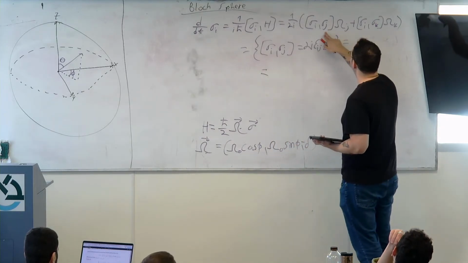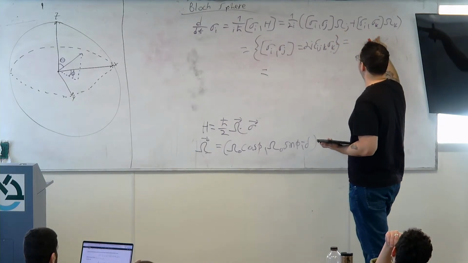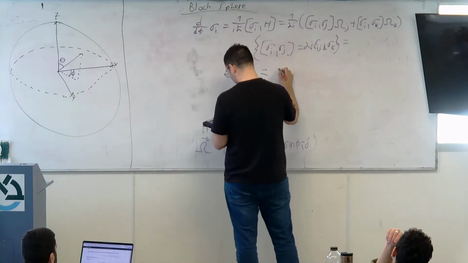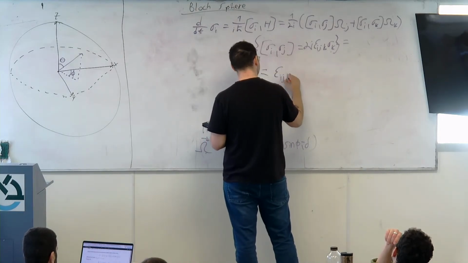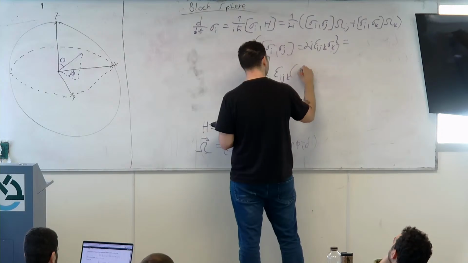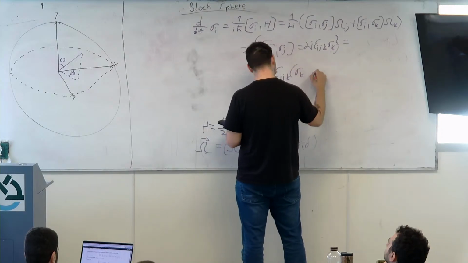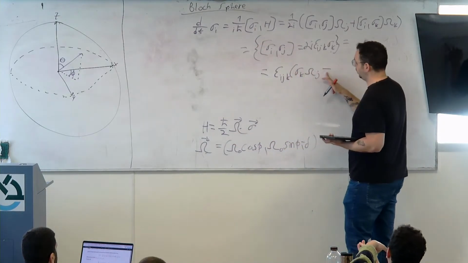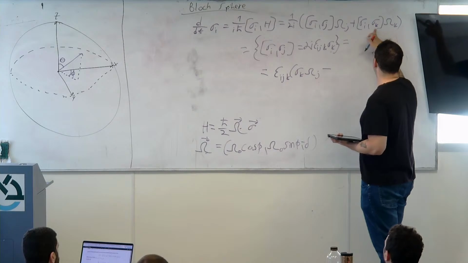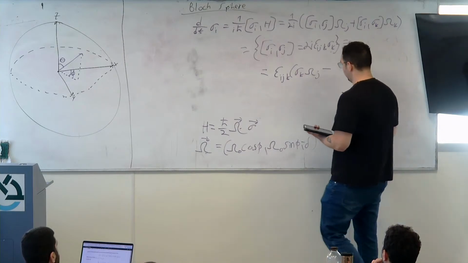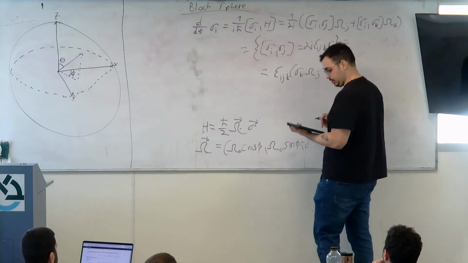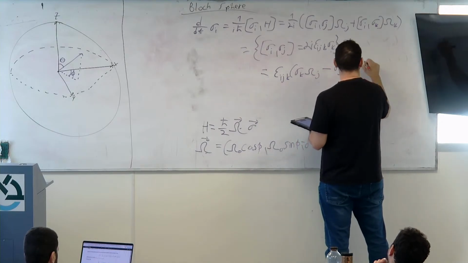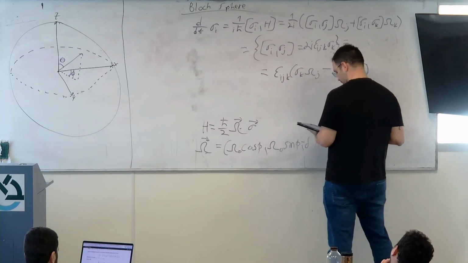Let me just write it explicitly. This one will be epsilon ijk of sigma k omega j minus, note that I put a minus here because I had to switch the order of j and k in this commutator, so it will switch the order in this epsilon, minus sigma j omega k. Right?